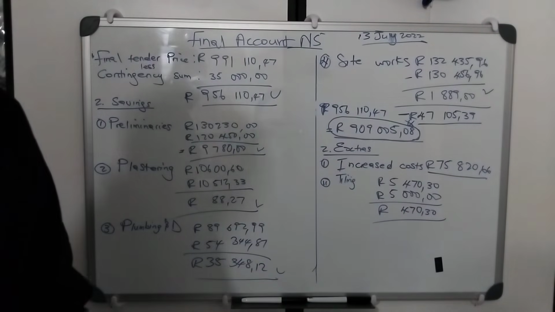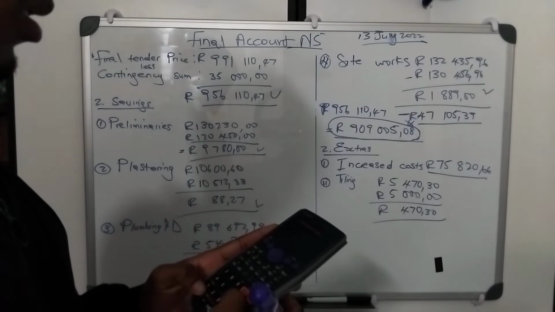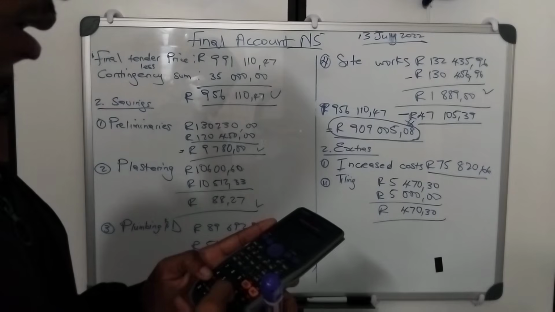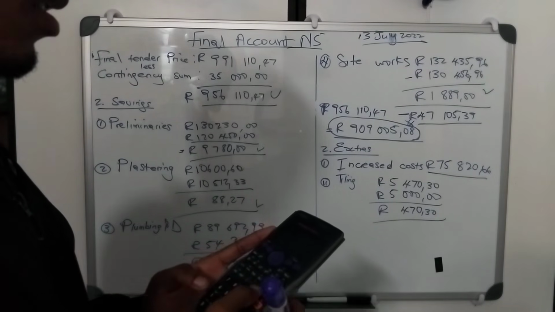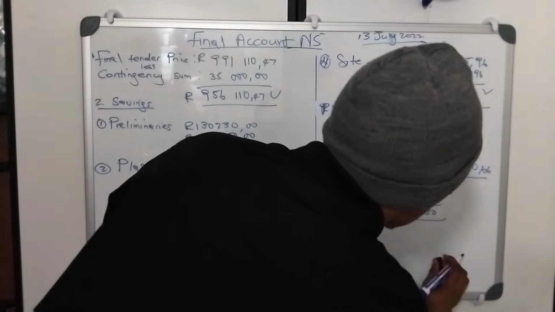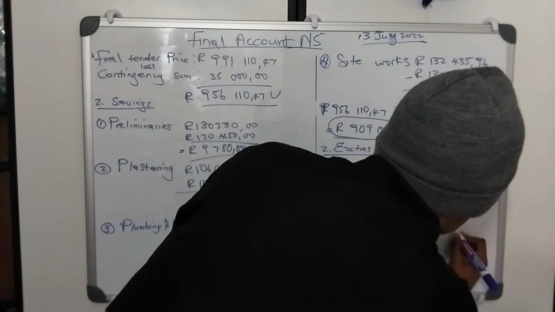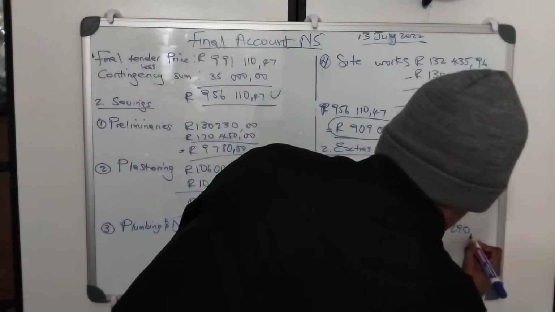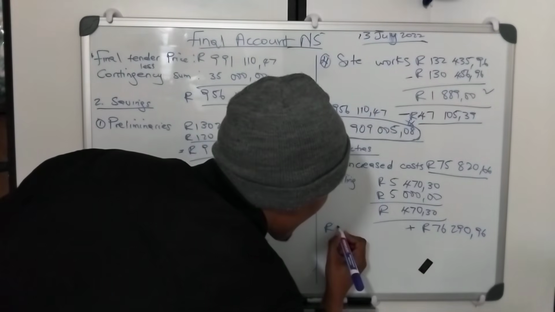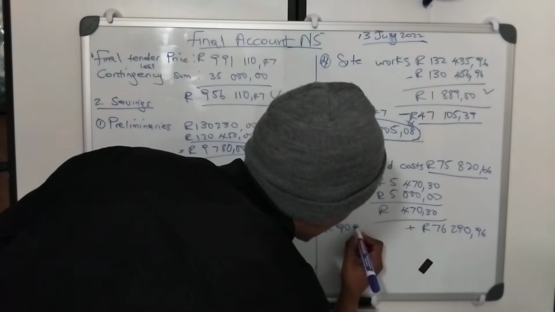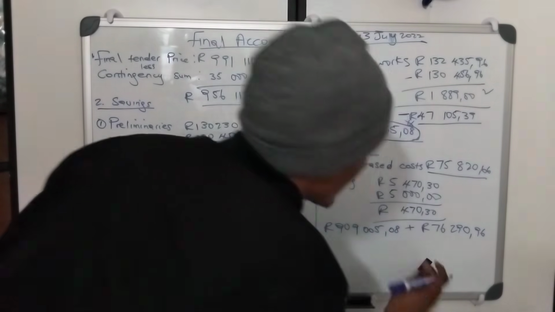So the total of these two is gonna be 75,820.66 plus 470.30, then the total gets to be 76,290.96, then 909,005.8.